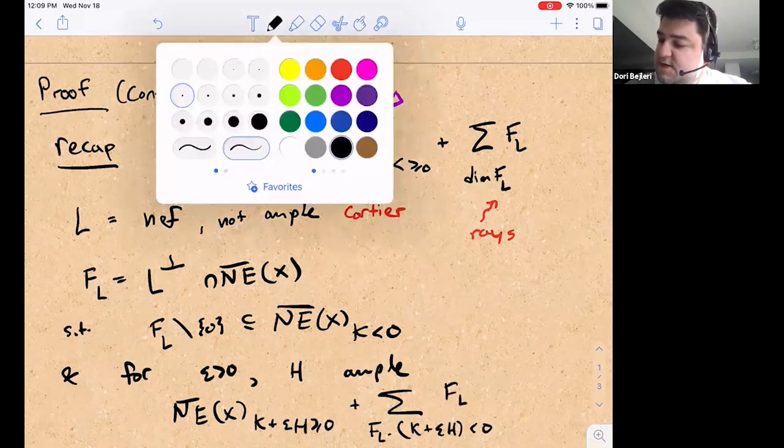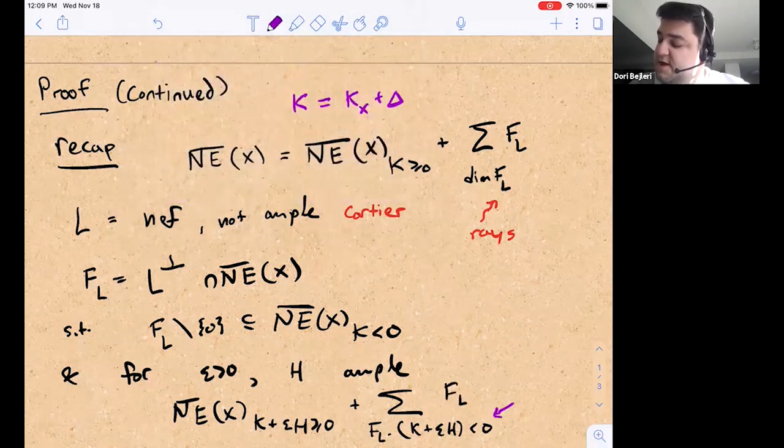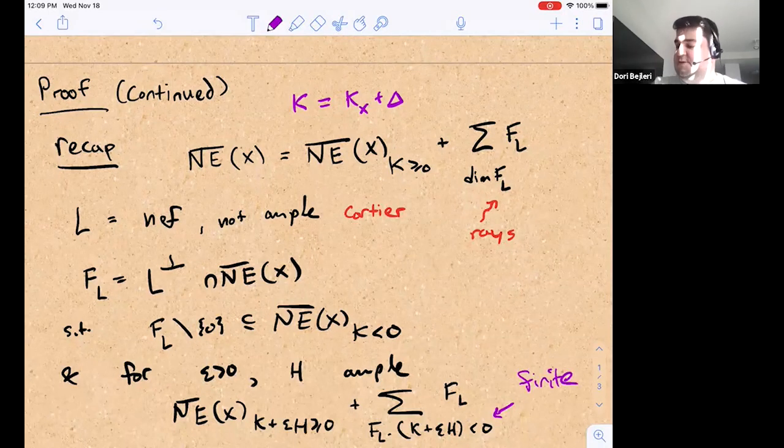And again, the key point is that this sum is finite because the F_L's don't accumulate in that half space.